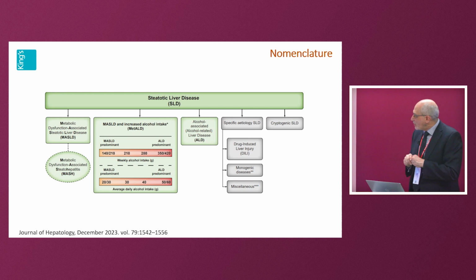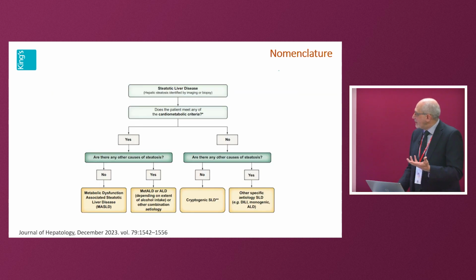If you've got alcohol in it, it differentiates how predominant the alcohol is, and you can then term it in that alcohol-associated category. And then you've got all the other etiologies. So it neatly separates steatotic liver disease from everything else that's causing it.